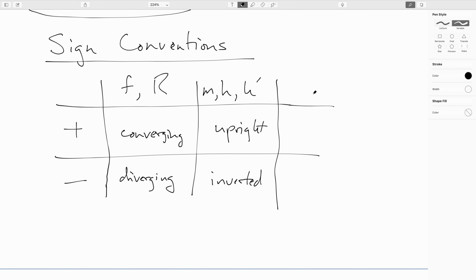And then for object and image distances, if the object or the image is real, it's positive, and if it's virtual, it's negative. So the idea of this convention is that if something is where the light is, it's positive, and if it's where the light ain't, it's negative.